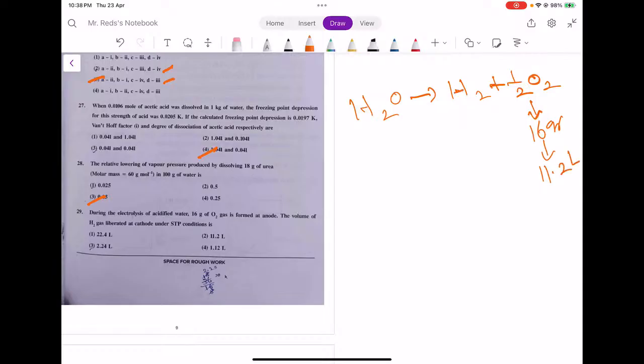Here H2 is 1 mole, and 1 mole occupies 22.4 liters. So the answer is 22.4 liters of H2 gas liberated at the cathode. Okay, students, next.